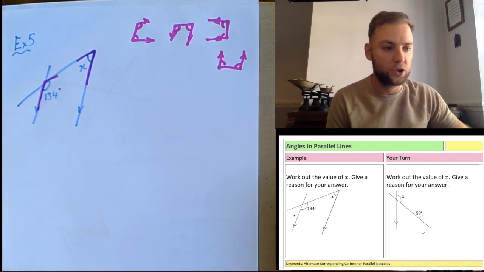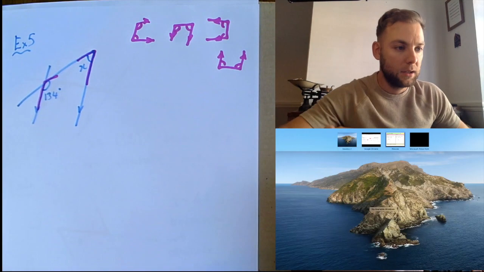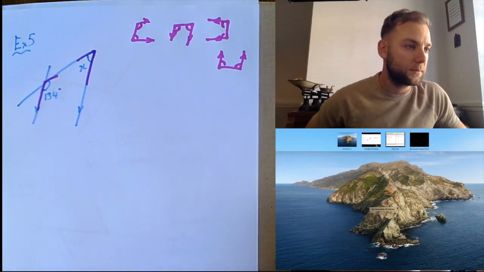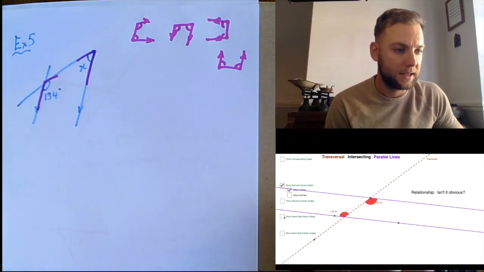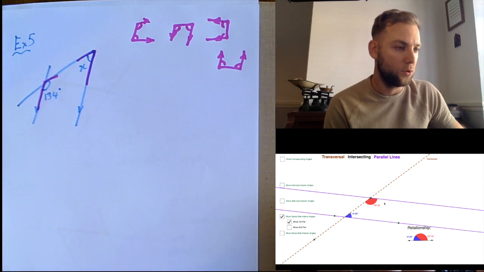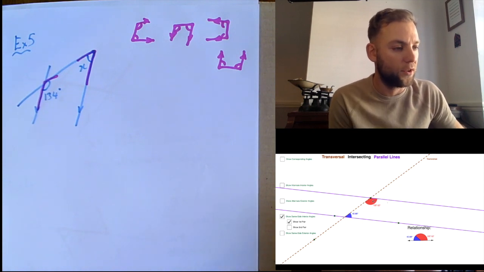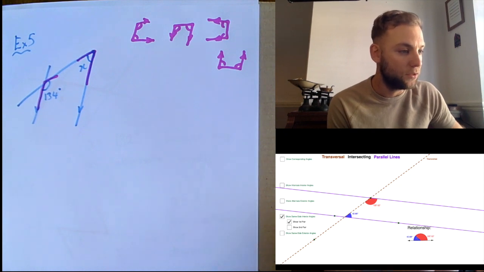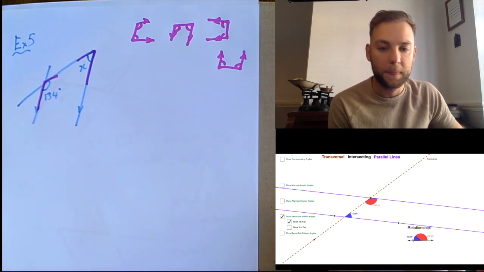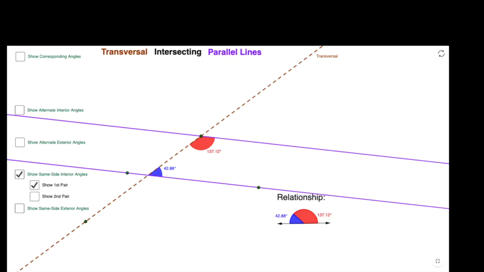Again, let's have a little look at our GeoGebra file. So here we've got our GeoGebra file. We'll be able to see this one a little bit more. Look here, we've got an angle which is 137.12, and this angle here is equal to 42.18. And you'll notice that these form a 180 degree angle. I'll just make that big for you and change it so you can see it changing.